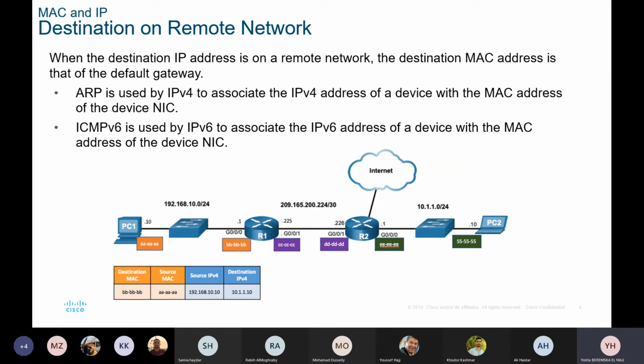So R1 will receive the packet because the destination MAC address is this one, CCC on G0/1. It will proceed and find that the destination IP address is of the directly connected network 192.168.10.0. So now it will know that PC1 is part of this network, and in the destination MAC address we'll put the MAC address of PC1.